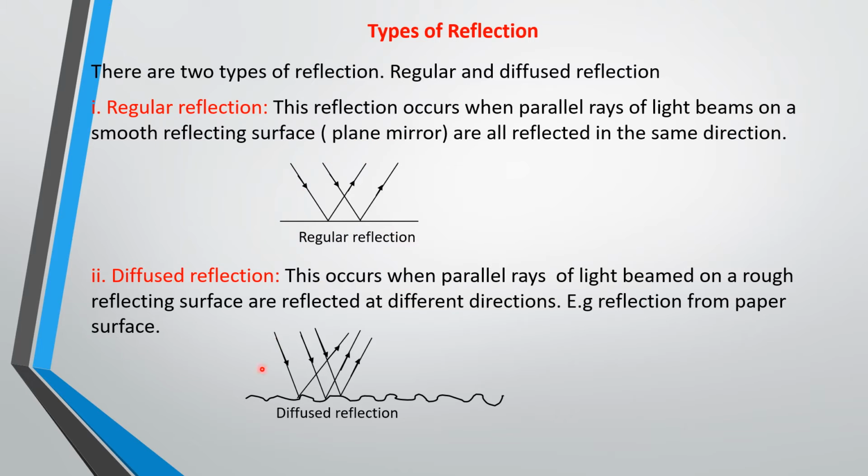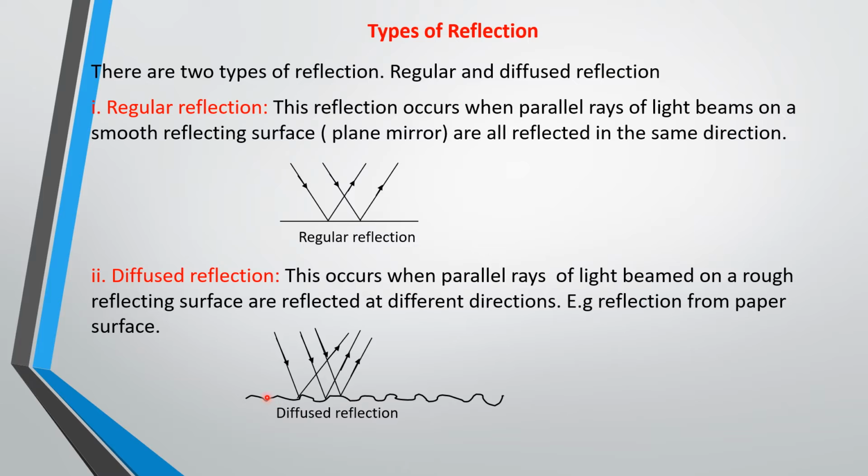But the one in which the rays of light fall on a rough surface that is not smooth and they are reflected out in different directions is known as diffuse reflection. E.g. reflection from a piece of paper: the surface of a piece of paper is not smooth, so incident rays on the piece of paper will be reflected out in different directions.